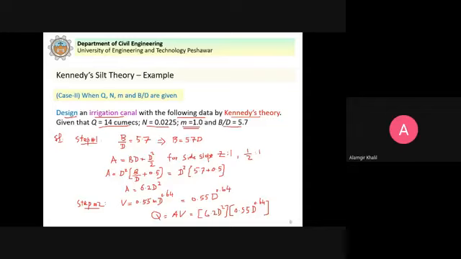Now you can see that discharge is given as 14 cumecs, and in this equation the only unknown is D. So we can calculate the value of D.